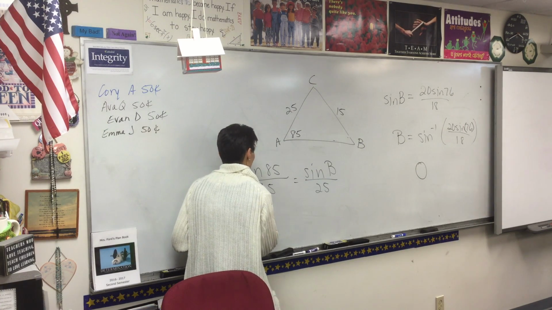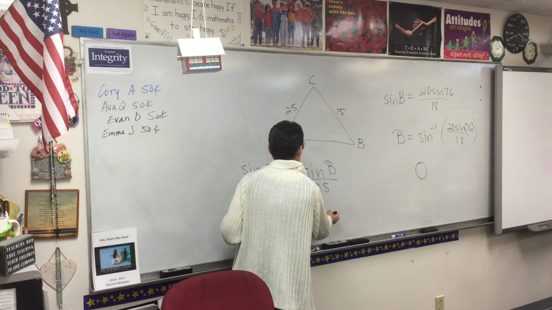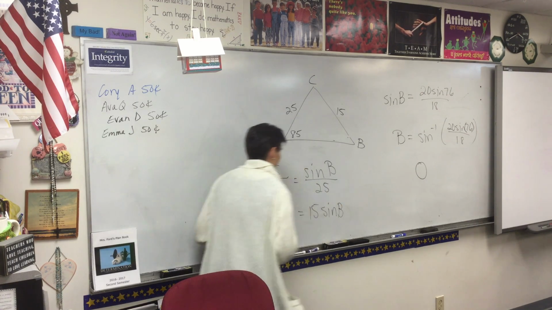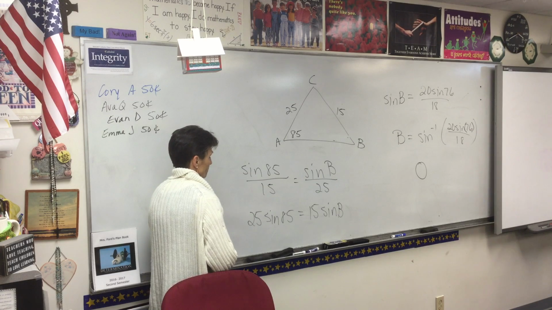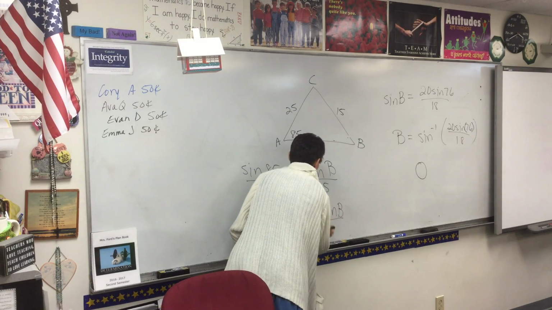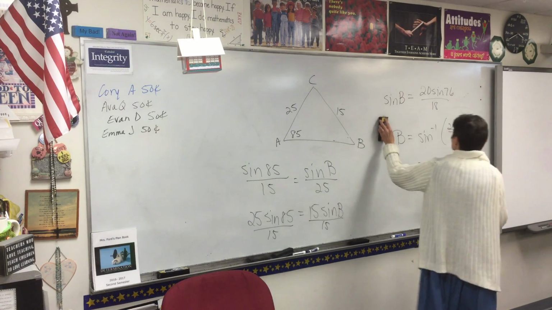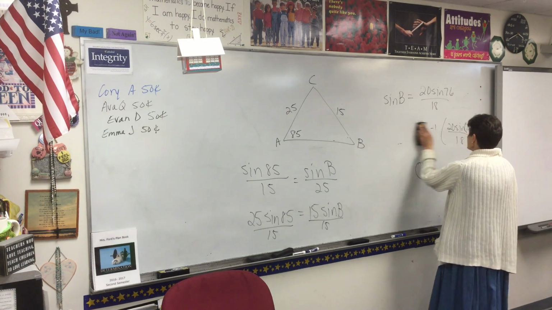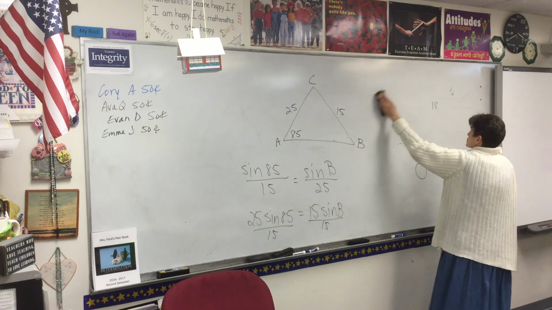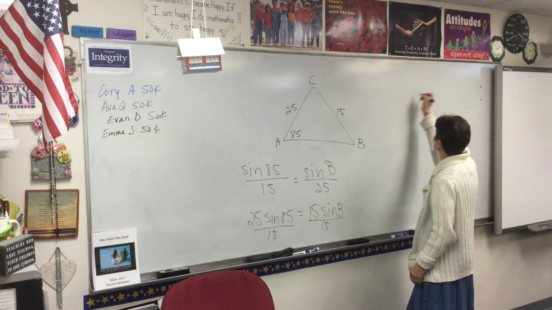So 25 sine 85 equals 15 sine B. What am I going to divide by? 15. Because I'm trying to get sine B by itself. I'm solving for sine B, so I need to get it totally by itself.